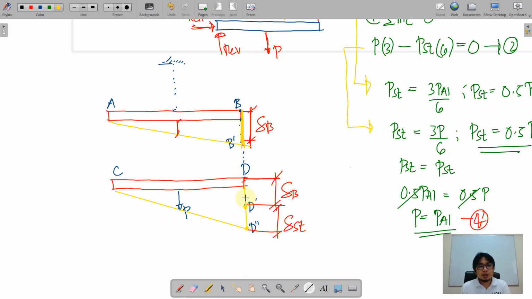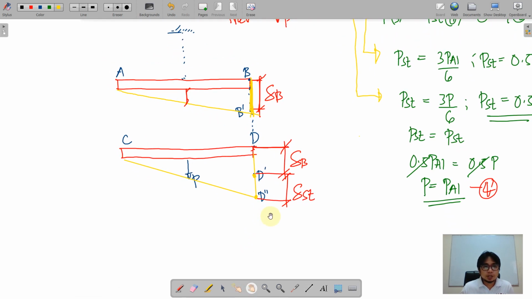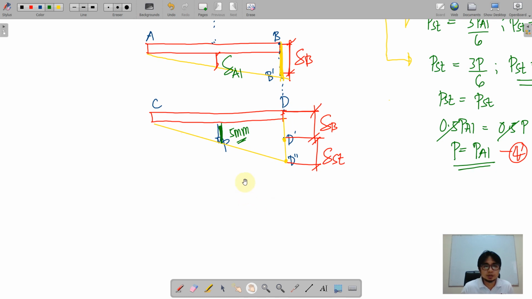So there will be the ABB prime triangle and the CDD double prime triangle there. So working with the triangles, let us now label all the delta here. Say this is delta aluminum. Say this delta is the vertical displacement we are talking about. It is limited to 5 millimeters. So complete dimension and complete variables.